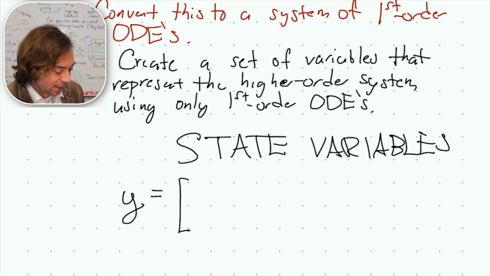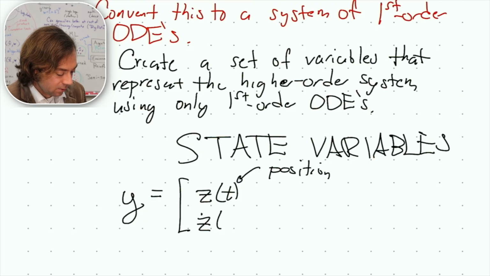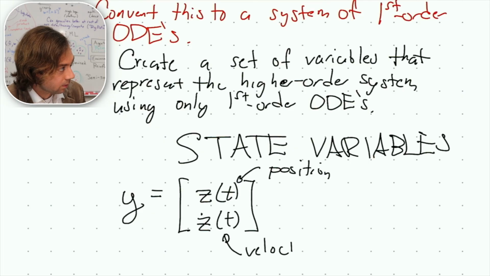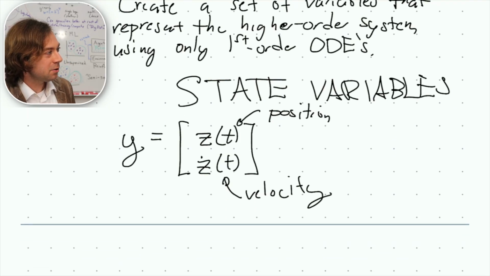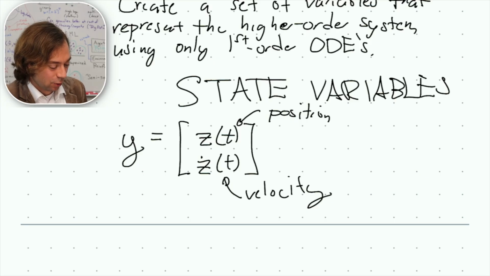It's going to be z of t, which is the position, and z dot of t, which we all know is the velocity. These are our state variables. We put them in a list. For those of you who have seen that before, it's a vector, so we often call that the state vector.